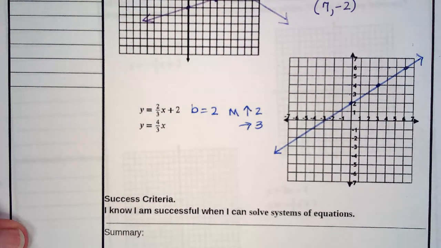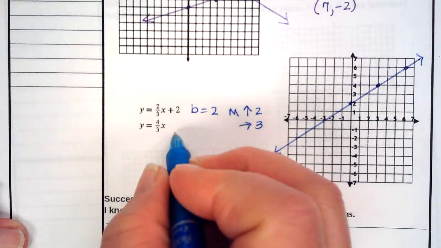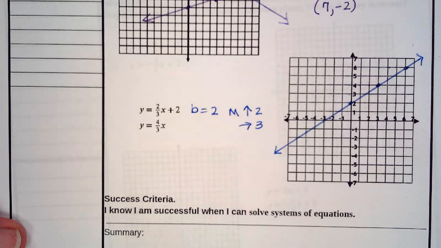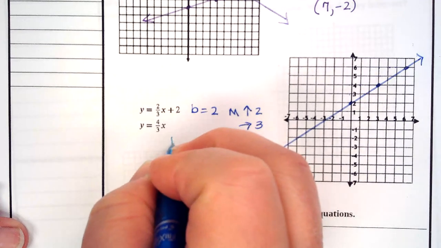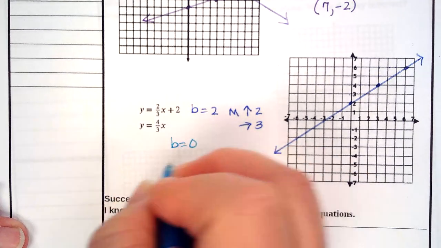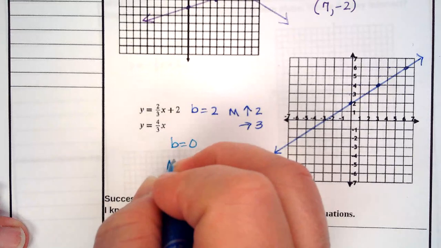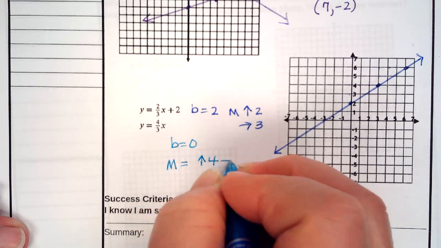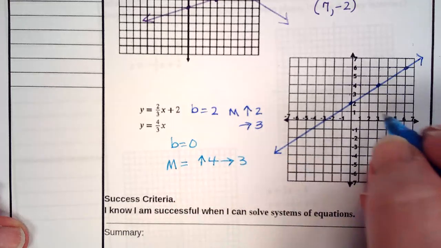Okay, for the next one, where do I begin? I don't see anything there. If we don't see anything there, what number do we use for nothing? 0. So I begin at 0. I move 4/3, which is up 4, right 3.